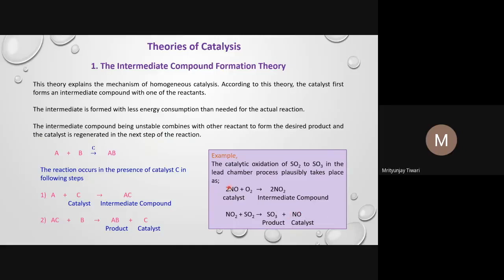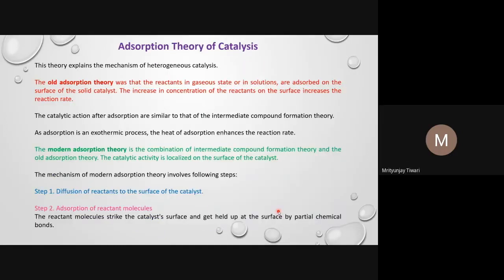So the catalyst which was consumed here is now regenerated here, and it will catalyze the next phase of the reaction. You can see how the intermediate compound formation theory is explained in these examples. Catalysts initially form intermediate compounds which are not that stable, and these then react with the other reactants to form the product, and the catalyst is released or regenerated.